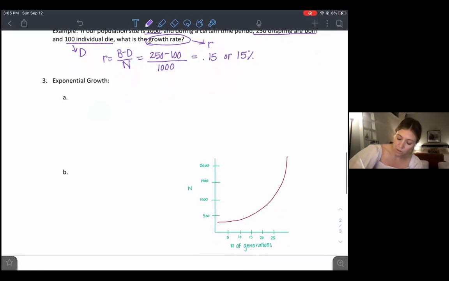So exponential growth is going to describe the growth of a population that is growing rapidly with no limits to resources, okay? So I'm going to write, it describes populations that are growing under ideal conditions.